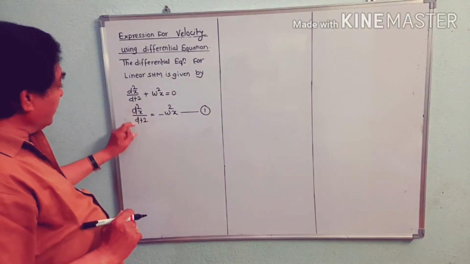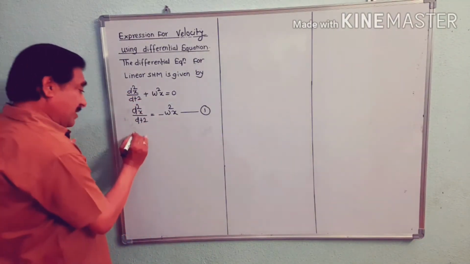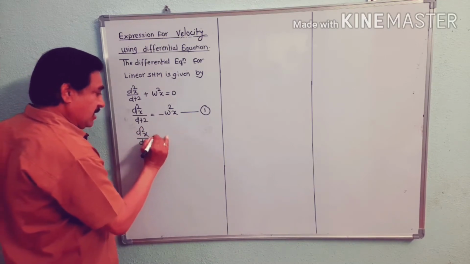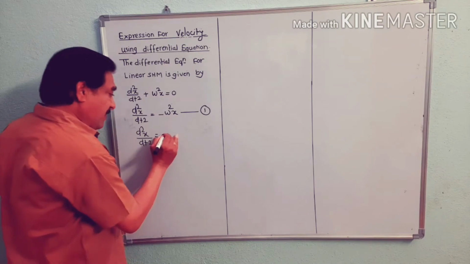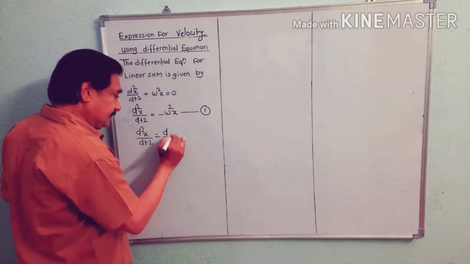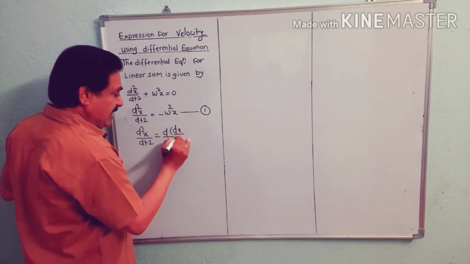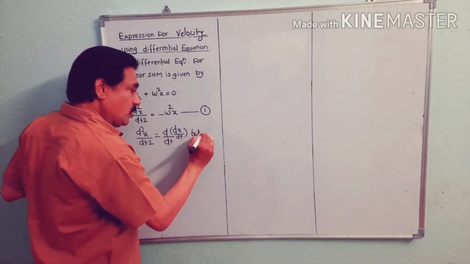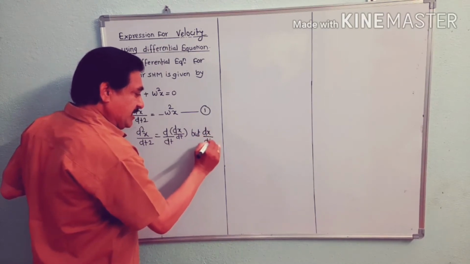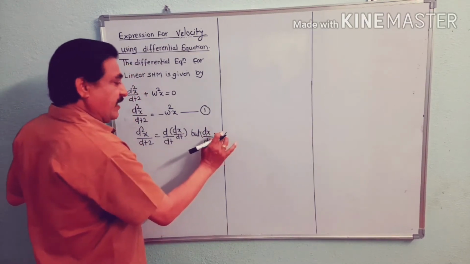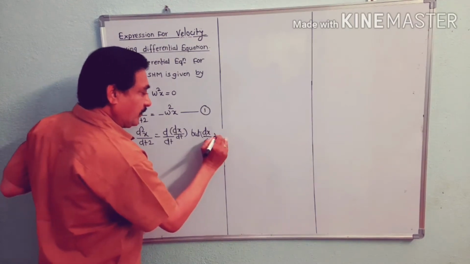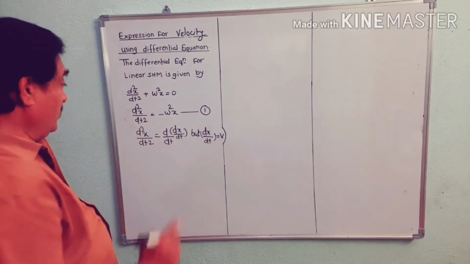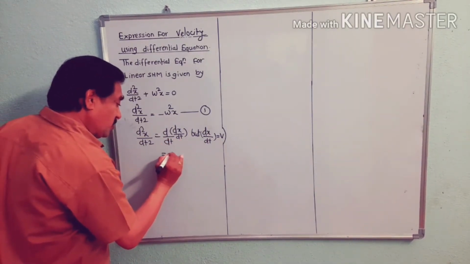This d2x upon dt square can be written as d by dt of dx by dt. But dx by dt is equal to v, that is velocity. Then substitute this value here. This is equal to dv by dt.